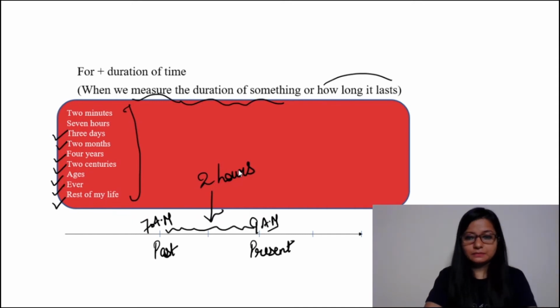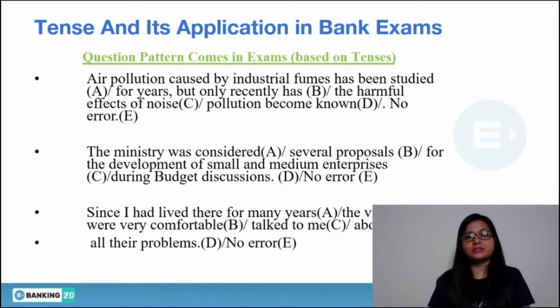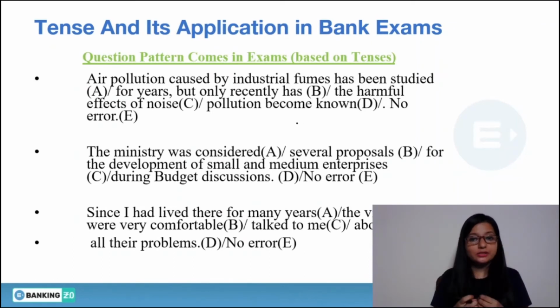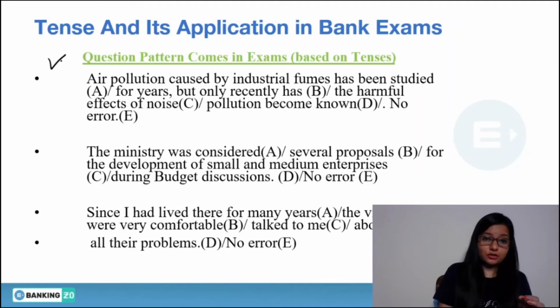Okay, now have a look at the question patterns that come in your examination and which are based on tenses. As I told you, this class is all about the application of the rules of tenses in your bank examination. So we have some questions which you will see in your bank examination. The first type of question you have is error detection.